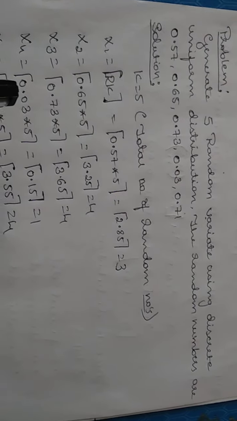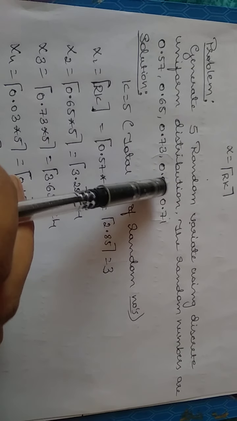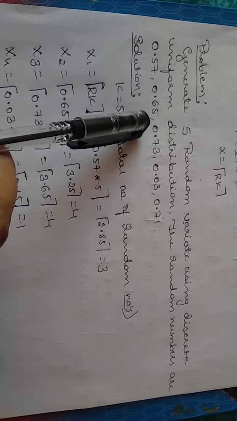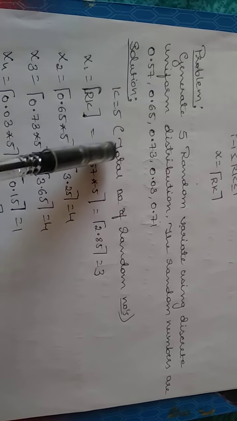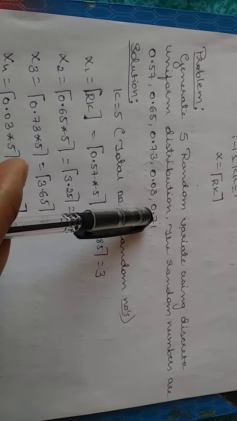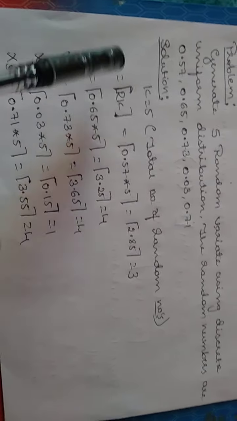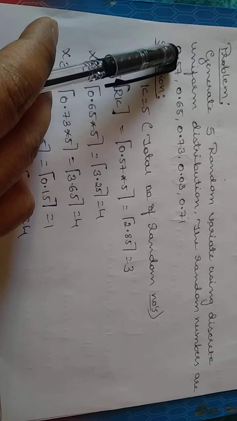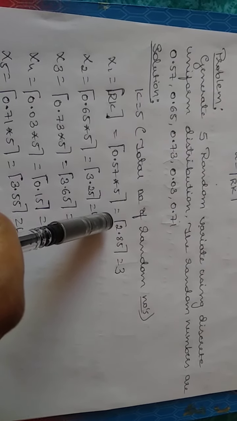Now here also it is to generate the random variate. Generate 5 random variates using discrete uniform distribution. The random numbers are given, and k means the total number of random numbers, so k is equal to 5: 1, 2, 3, 4, 5 random numbers are there. So how will you find out? x1 is equal to the ceiling of r1 times k, where r1 is the first random number. 0.57 into k, which is 5, gives 2.85.